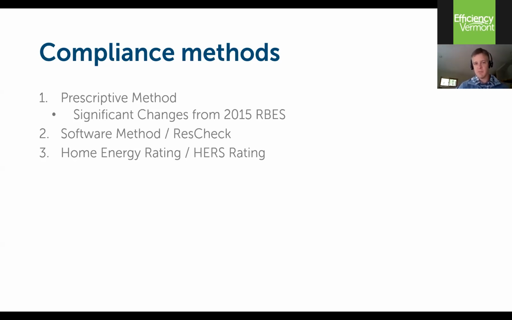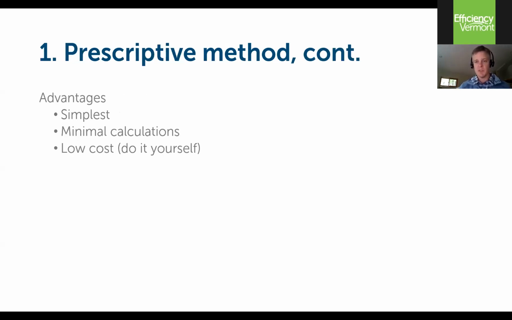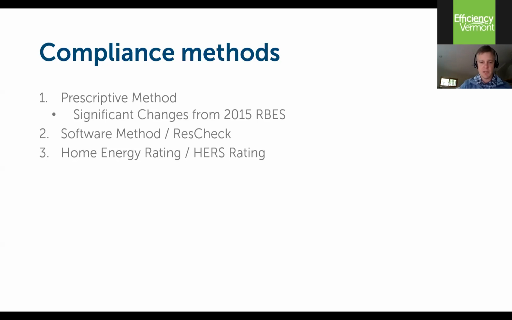We have the prescriptive method, which changed significantly from 2015, which is a set of tables and specifications to follow. The second one is using an online software tool called ResCheck, which a builder can input information about the building into, and it will do calculations to determine if all of those things together comply with the intent of the code.